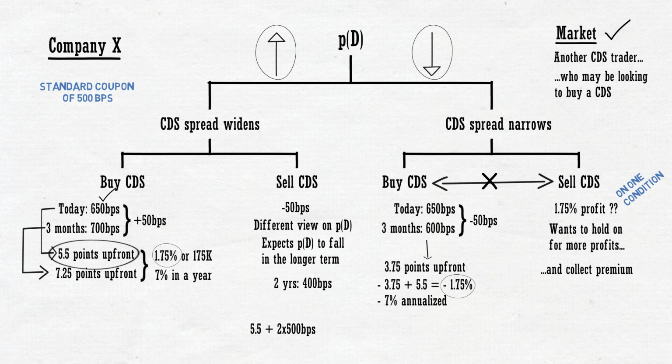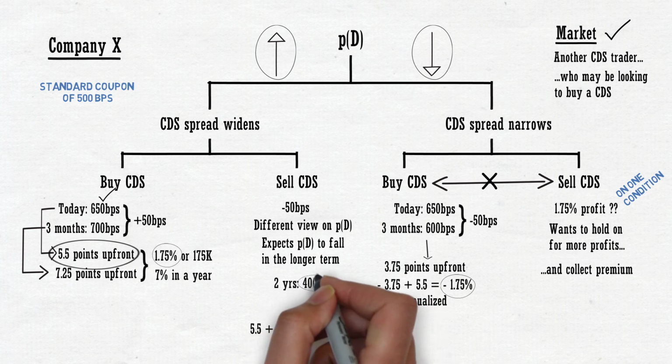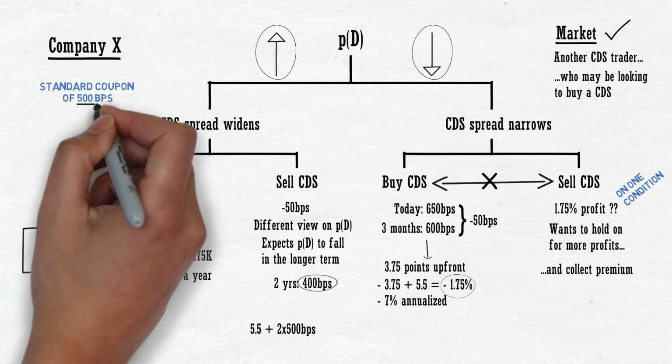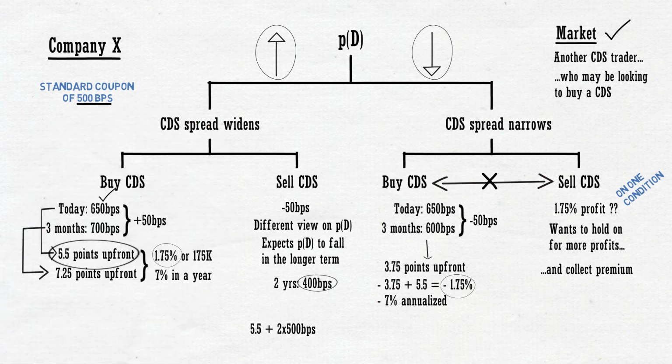Well, that is because the spread at which the CDS is quoting now 2 years later is 400 basis points, while the standard premium is 500 basis points. Again, if you don't understand why this is so, please refer to our basic module. So coming back to our example, 400 basis points in spread works out to roughly 4 points up front. So that's 4% of notional that the seller is going to receive, not pay.